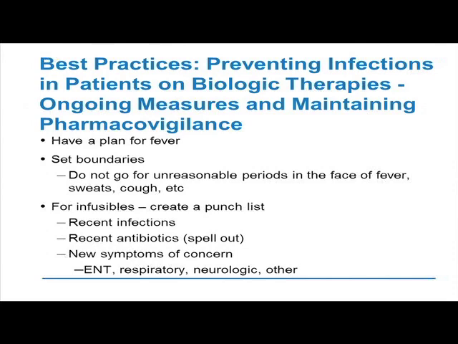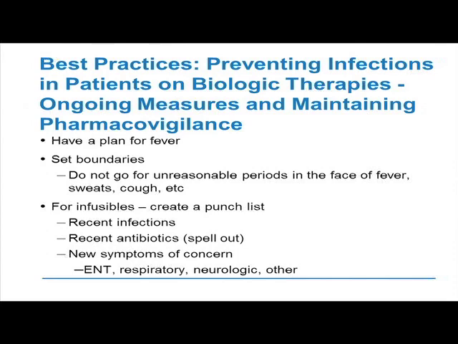Now, we've had our pre-meeting, we've had our meeting at the time of drug dispensation, and now the patients are on therapy. So what is the best practice for preventing infections while on these potent immunosuppressive drugs? And here the cooperation between physician, nurse practitioner, PA, or RN and the patient is so important.